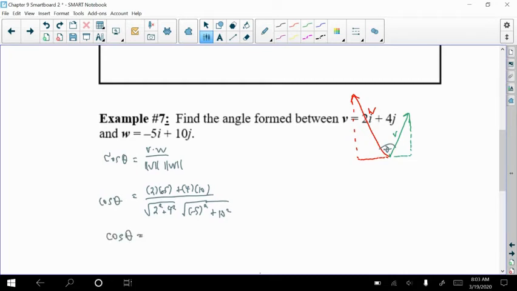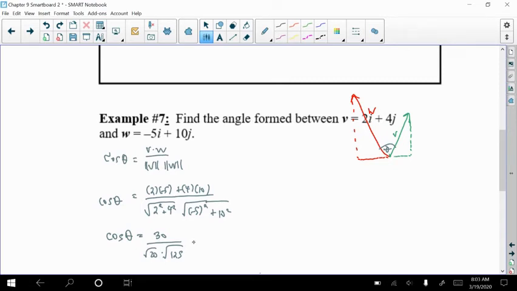So 2 times negative 5 is negative 10, plus 40 is 30, divided by 4 squared is 16, 2 squared is 4, so root 20. And then this would be square root of 125. Now, since we're not really finished, this doesn't represent my final answer, I don't really have to do any kind of simplifying with this.